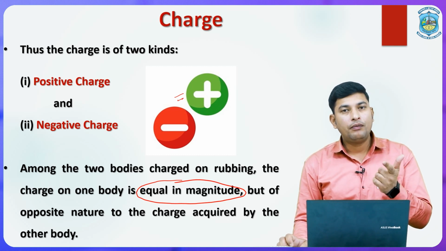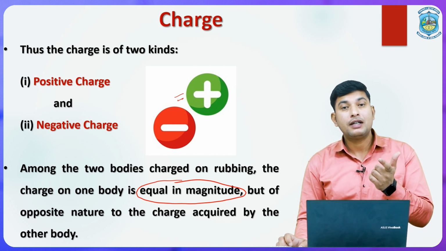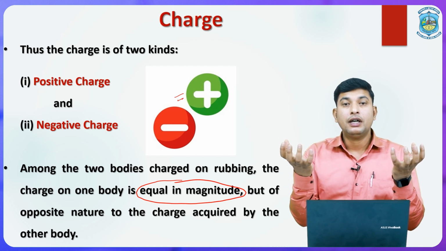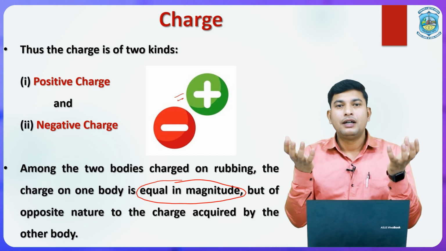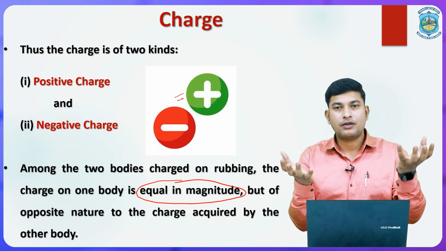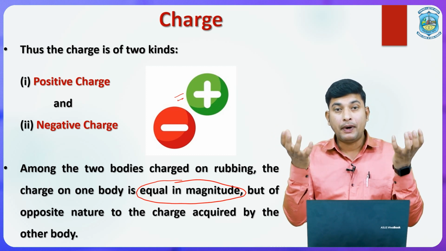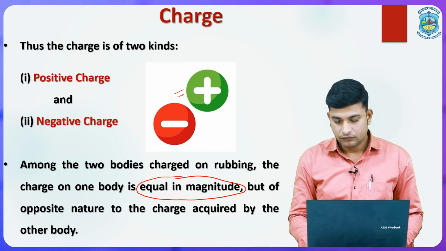One material is positively charged, another is negatively charged; they will have the same magnitude, same power, but opposite behavior. One will be negatively charged, another positively charged. They will behave depending on the charge value, because the magnitude is the same.